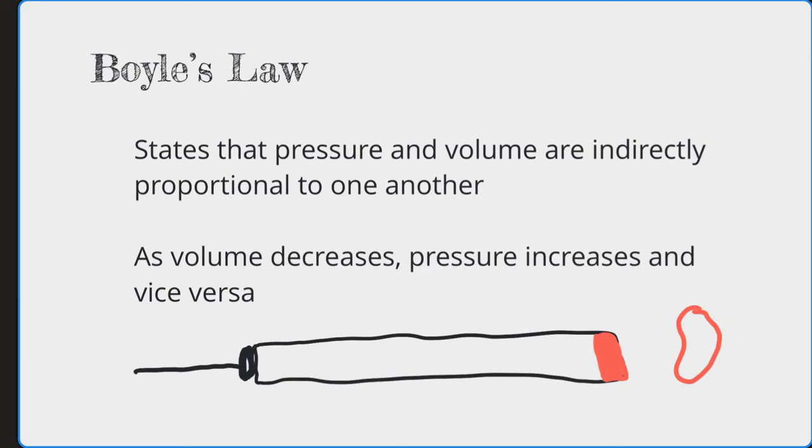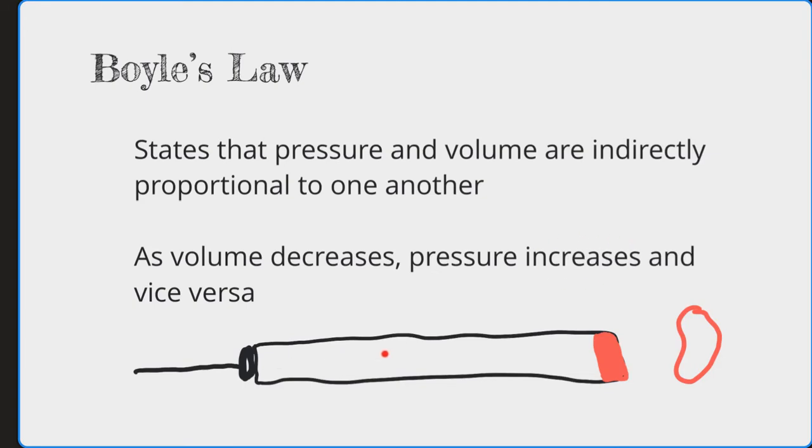So you actually core it through and you have a piece of potato. And what's going to happen is that you're going to push this dowel in here. And as you push this dowel in, what you'll notice is that your volume is going to decrease, right? As you push this in here, your volume decreases, and Boyle's law says that as volume decreases, the pressure increases.